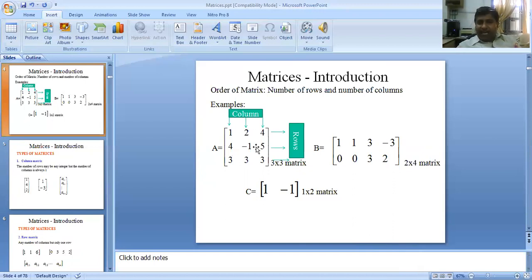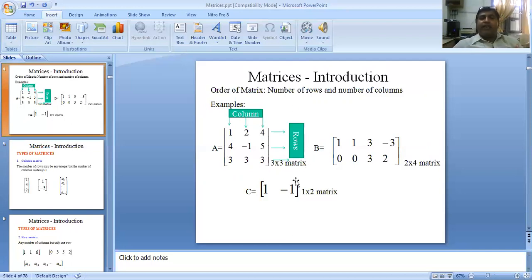If we take matrix A, the elements of the matrix are arranged like this: 1, 2, 4, 4 minus 1, 5, 3, 3, 3. In this matrix, the vertical lines we call columns and the horizontal lines we call rows.